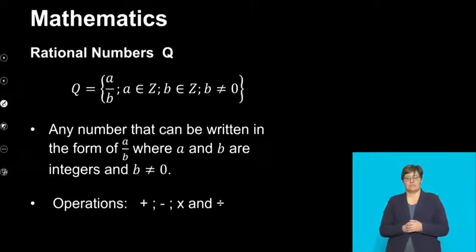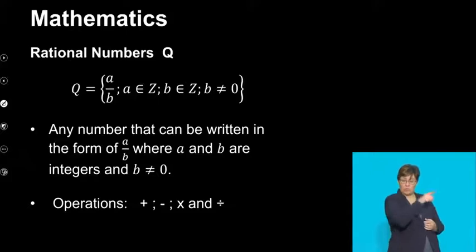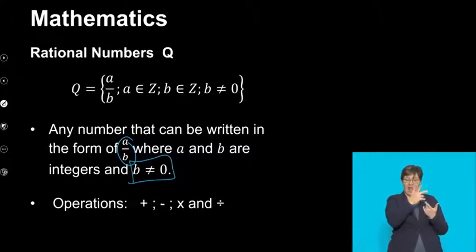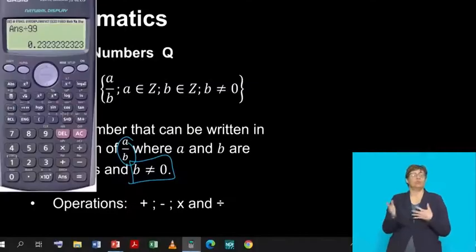So, remember when you talk about rational numbers, we said these are numbers that can be written in the form of a over b, where a and b are integers, but provided that b is not equal to 0. Remember the thing that I asked you to do, which I'm also going to quickly do now. I said choose any number.